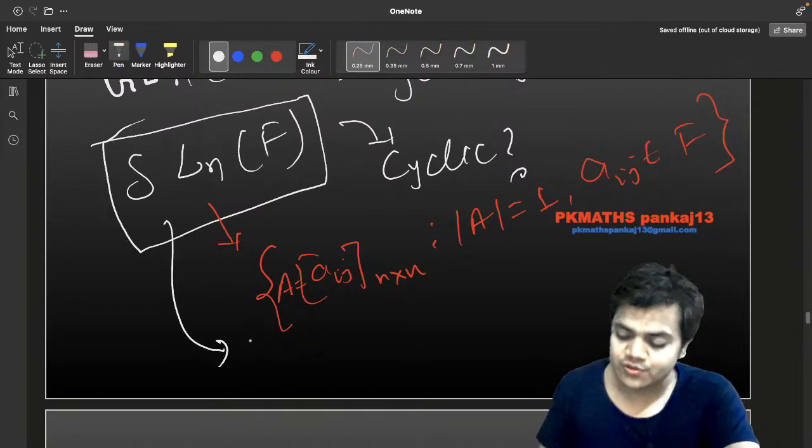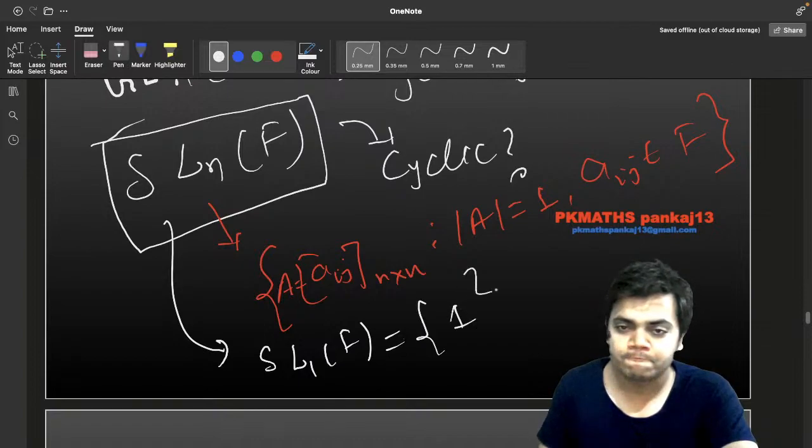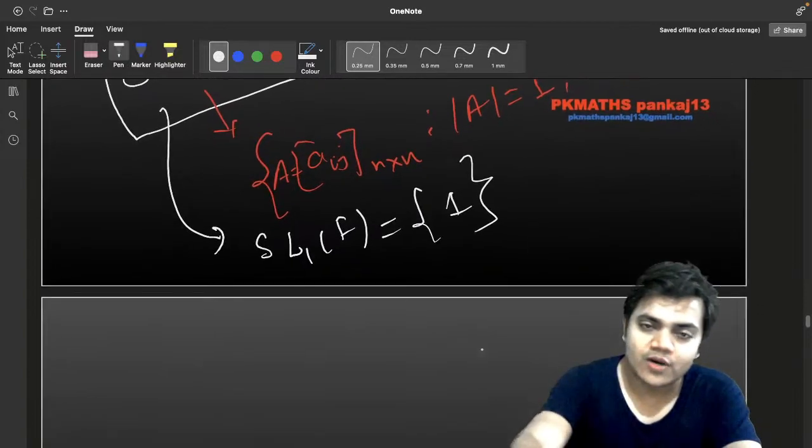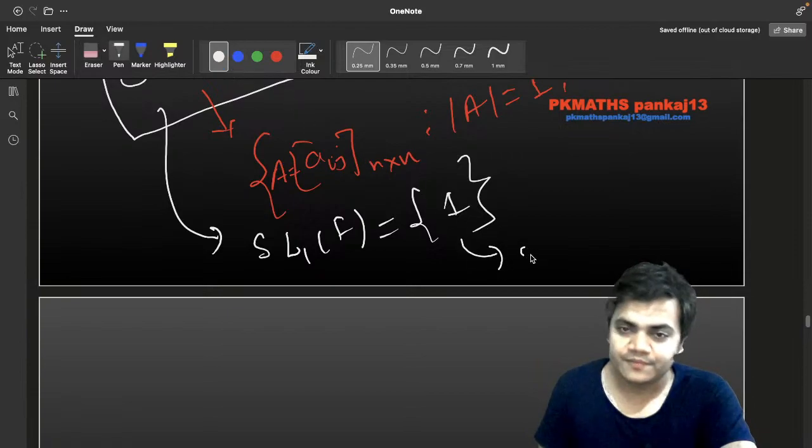For n equals 1, it is going to be cyclic, because for SL_1(F) we are going to get a singleton {1}, and a singleton is obviously a cyclic group, since only one element is there.